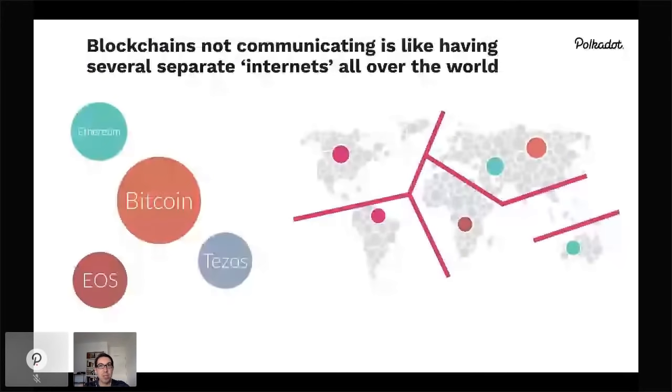Think if we had these different internets all over the world. So every continent had its own, like a North America internet and a South America internet. And if somebody wanted to send a message from Pittsburgh to Buenos Aires, then they would have to send a message to somebody they know in, let's say, Panama.